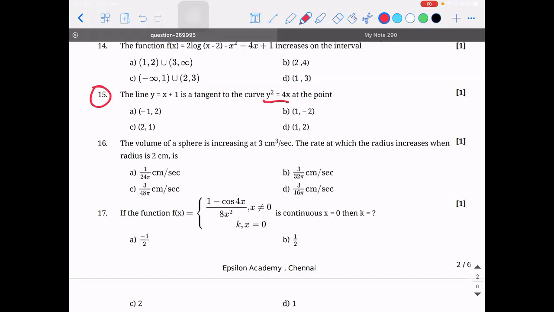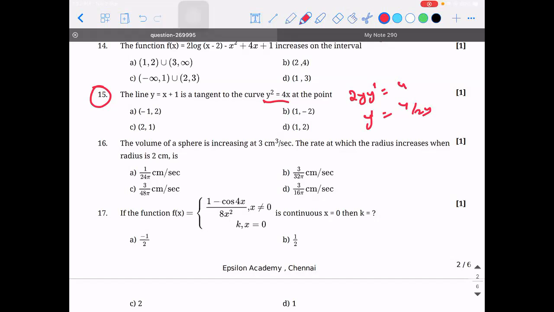Yeah, tell me that. The line y is equal to x plus 1 is a tangent. 1, 2. What did you do? You substituted the values and checked. How did you solve? y square is 4x, differentiate. We got 2 by y is equal to 1, sir. y dash will be equal to 4 by 2y.